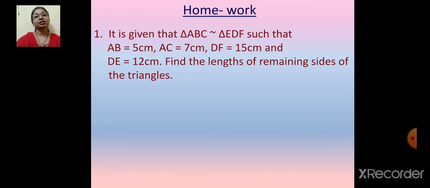So children, here triangles similar already given to you. You take the ratio of corresponding sides. Do not disturb the 1-1 correspondence. AB upon ED is equal to BC upon DF is equal to AC upon EF. Write the ratios, substitute the values. Since all the ratios are equal, you take one known and one unknown ratio, cross multiply and find the lengths of the remaining sides. Okay, now one more.